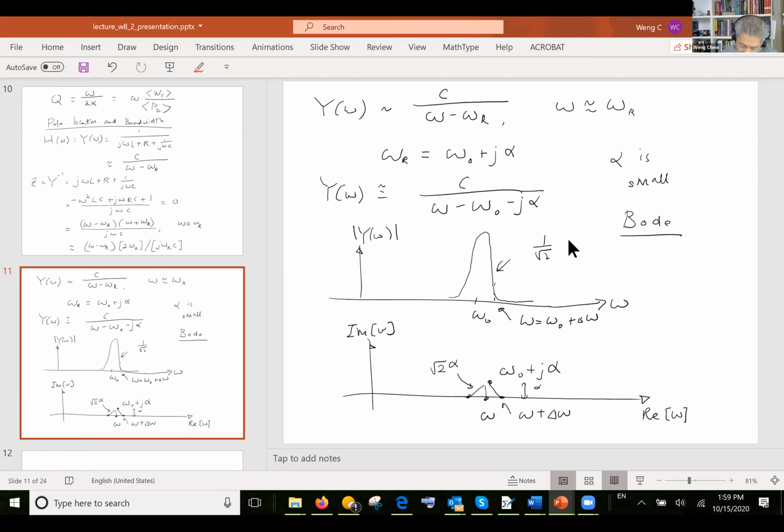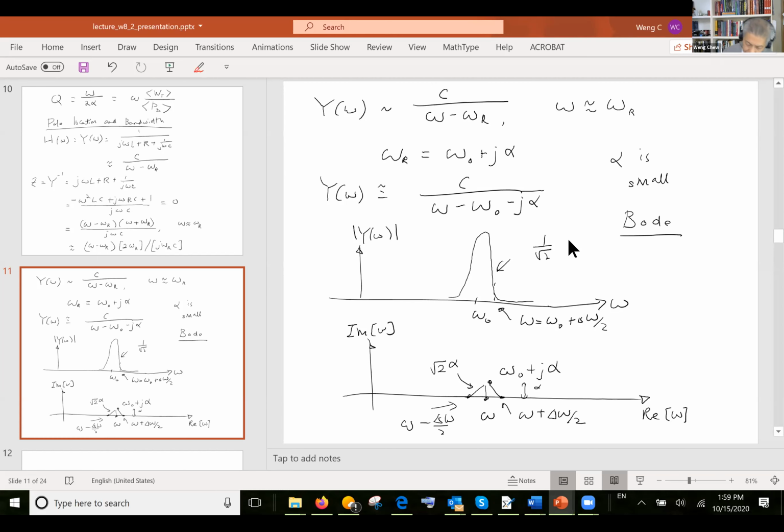And if that delta omega is given to be 1 over root 2, you can show that, let me see, I have worked out the formula for delta omega. Delta omega is 2 alpha, okay? Let me see, in the lecture notes, I have this delta omega over 2, this delta omega over 2, and the other point is minus delta omega over 2, okay?